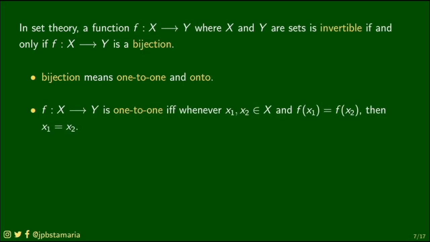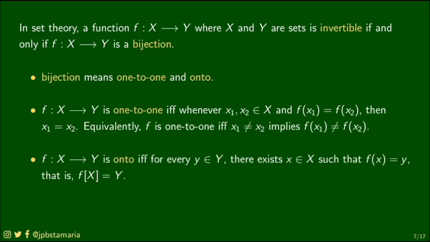F being one-to-one means that if you have two points in the domain, x1 and x2, and their images are equal, then it must follow that the points themselves must be equal. Or taken contrapositively, if f is one-to-one, two different things are mapped to two different things.